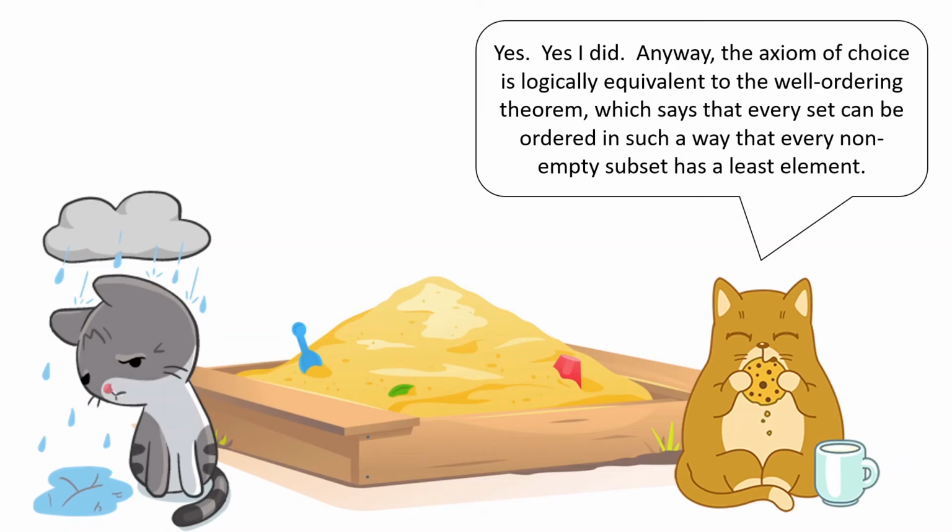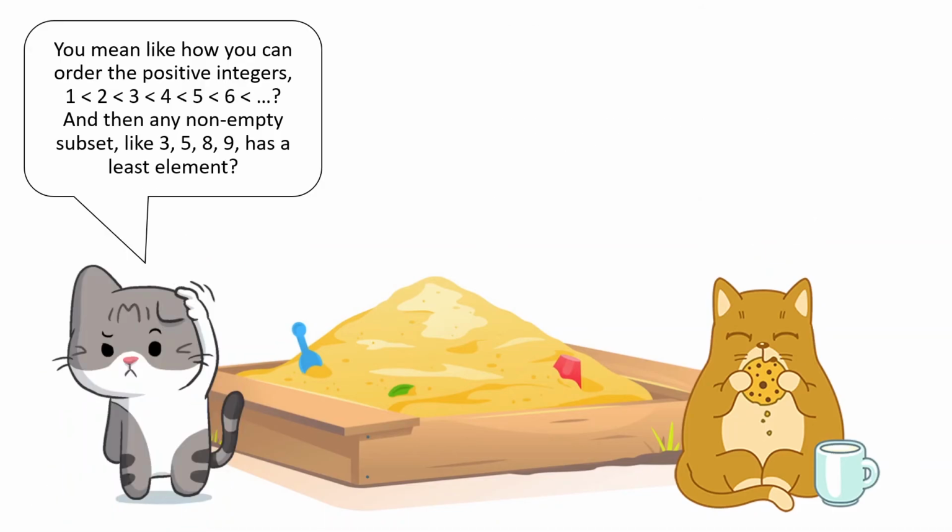So anyway, the axiom of choice is also logically equivalent to the well-ordering theorem, which we will actually study a little bit in this class. The well-ordering theorem says that every set can be ordered in such a way that each non-empty subset has a least element. For example, the positive integers you can order from 1, 2, 3, 4, 5, 6, 7, 8, just the regular ordering.